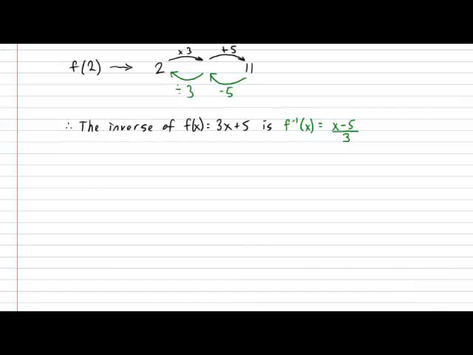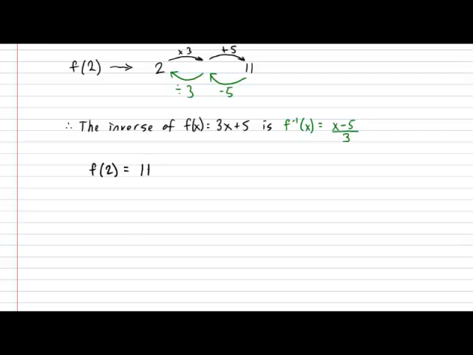Now, one important observation from this is that when you take f of x, and just like in the example above, we plugged in 2, we saw that this gave us 11.